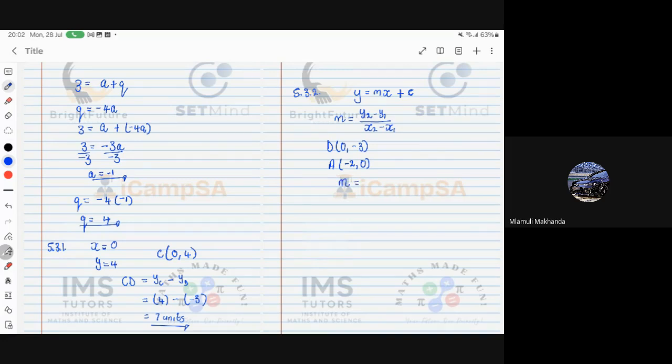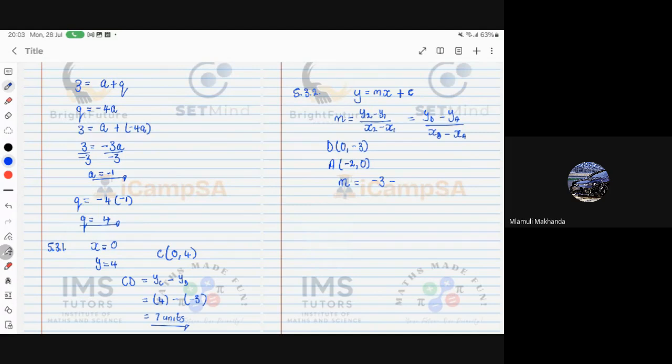So m is equal to, what is y2? Let's just use the ones for D. Maybe for you to understand better, I can simply say m is equal to yd minus ya over xd minus xa.